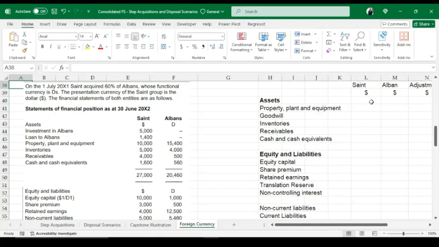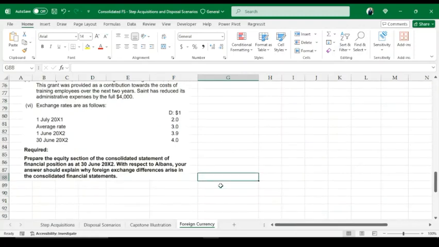So the first item we have here is property, plant, and equipment. For Saint, property, plant, and equipment is 10,000, whilst for Alban it is D15,400, and you have to translate that at the closing rate. So what is our closing rate? Let's go to the notes and identify our closing rate. So the closing rate is D4 to $1.